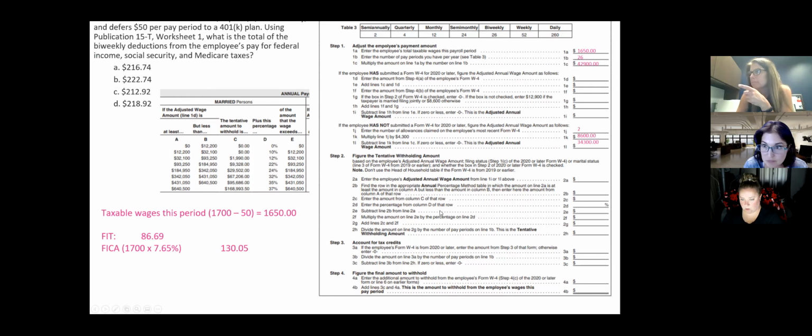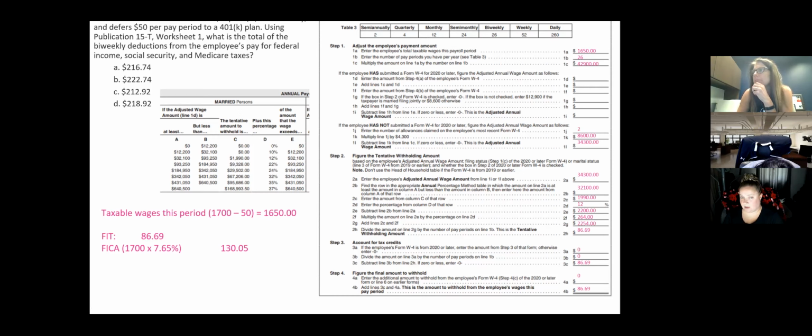Sorry, it's going through my worksheet. Kind of slow. Okay, so there's my worksheet. $1,650 at the top, 26 pay periods. Multiply those together to get our annualized income.